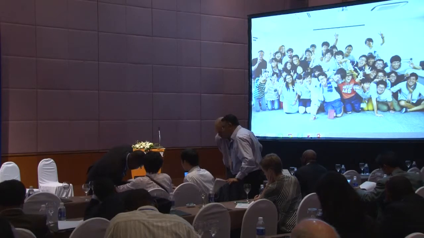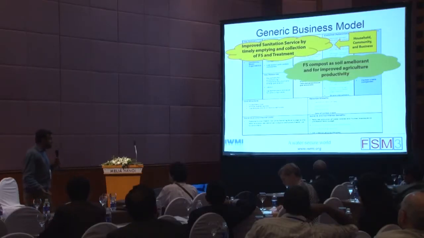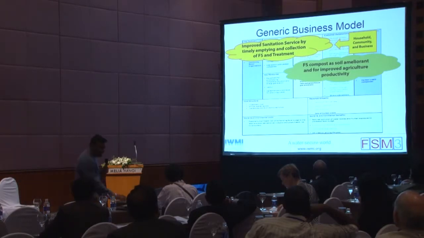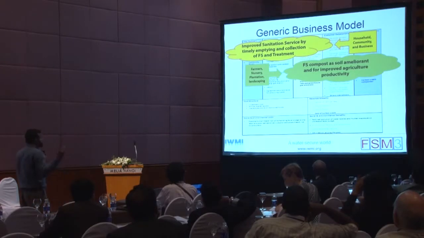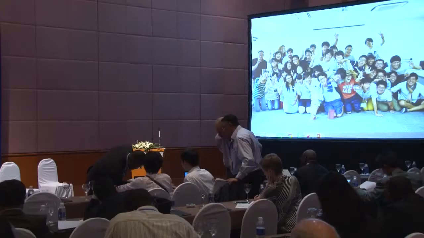The other 3 value propositions are derived from the reuse perspective. One, we all know fecal sludge can be used as compost, as a soil ameliorant, and the key customers are farmers, nurseries, plantations, landscaping, and so on.